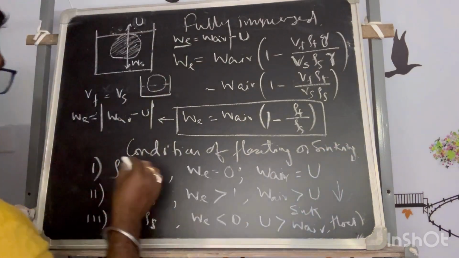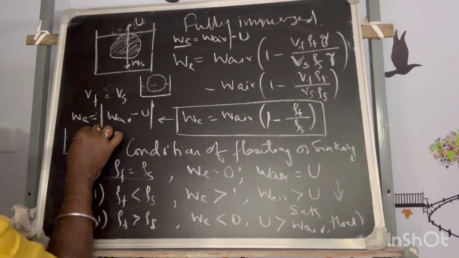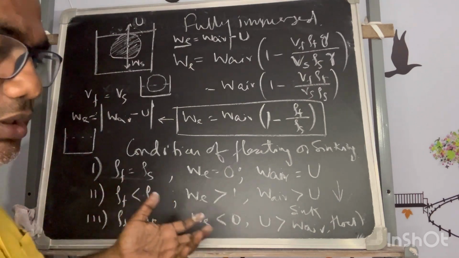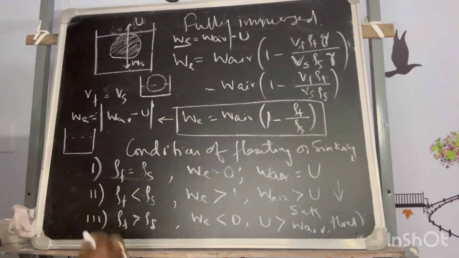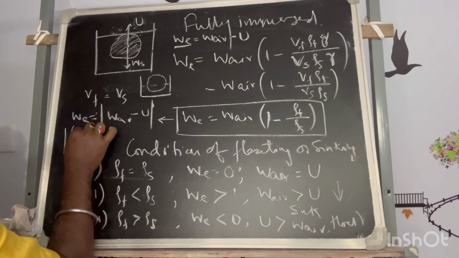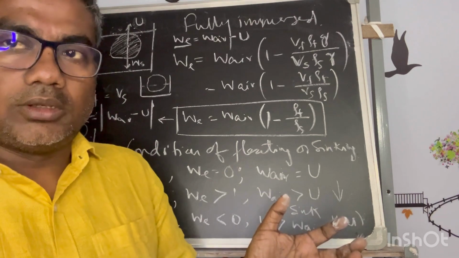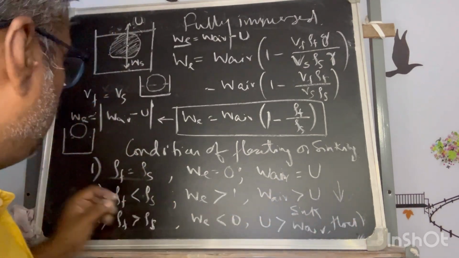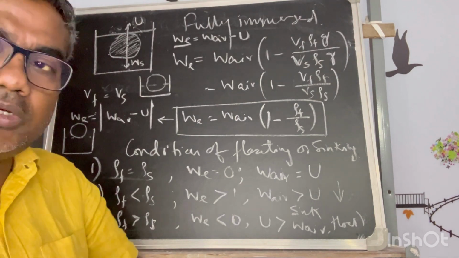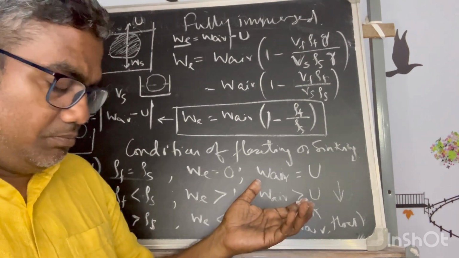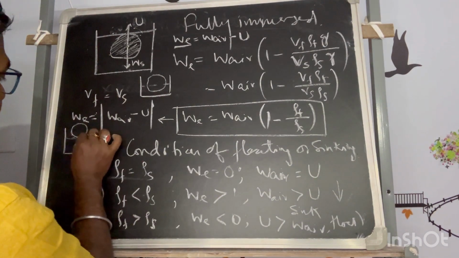You might have experienced this: if I take any semi-solid, a form of liquid that is so thick, or any hollow ball, plastic ball, very lightweight ball, or a balloon, and throw it into water, it will stay on the surface itself.